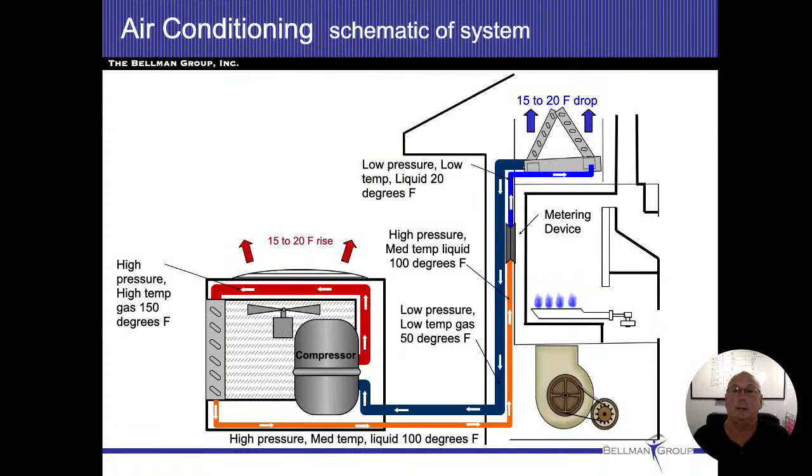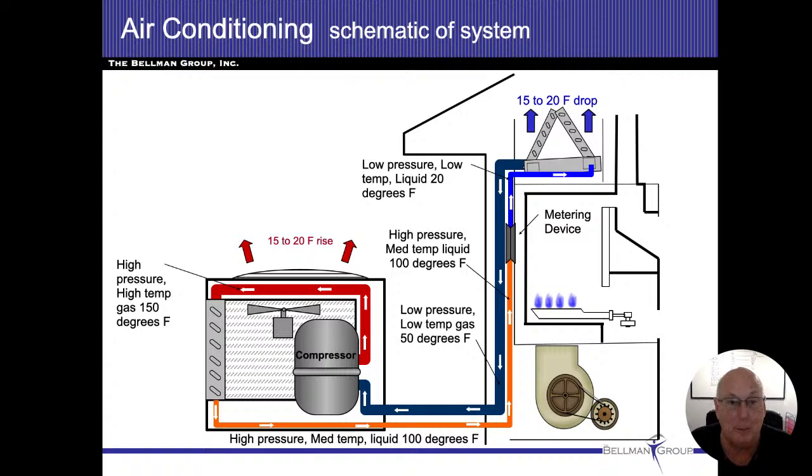So the next step is we have an understanding of an air conditioning system and how it works. In short, again, our compressor compresses the gas and takes it to the outdoor coil, high temperature, high pressure. It goes through all those coils, expelling the BTUs.